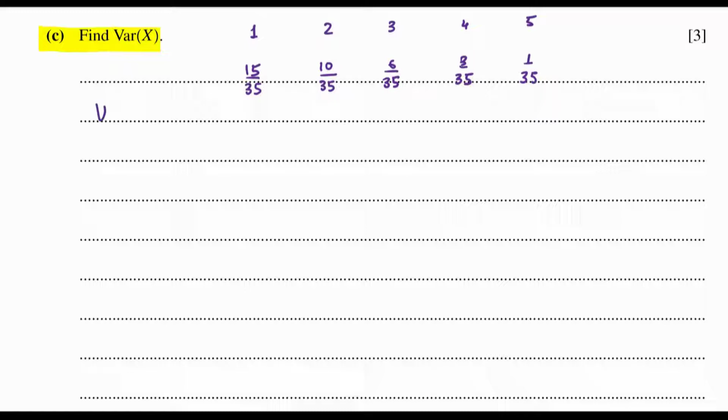So for the variance of x, we can remember the formula: expectation of x square minus the square of expectation of x. Because we can calculate expectation easily in this case, that's why we should use it.